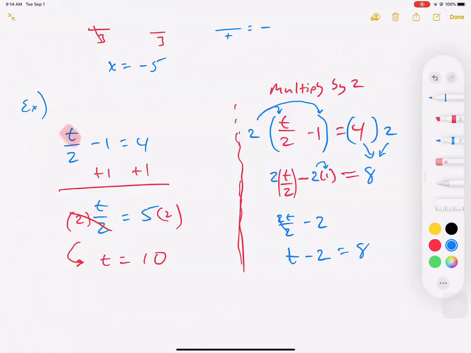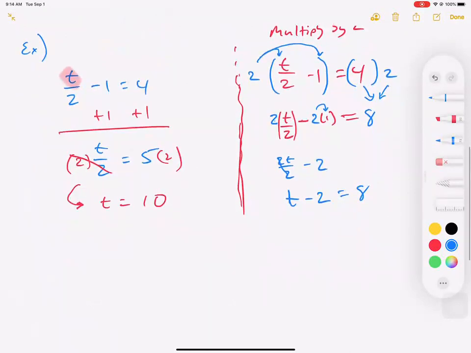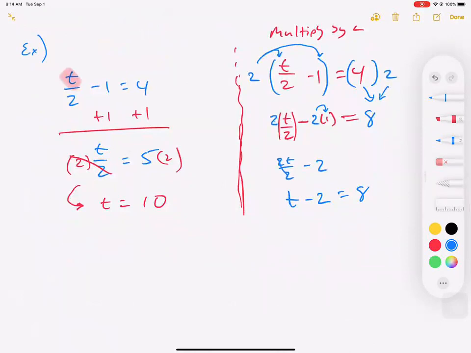Now, usually I prefer not to do this if I don't have to, but we could have done it. And it gives us a slight problem, very similar to our answer from before, plus 2 to both sides. T is equal to 10. So although both answers are the same, well, they better be, because there's only one solution for t here.